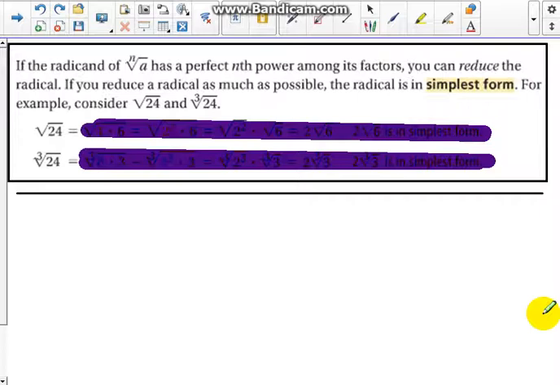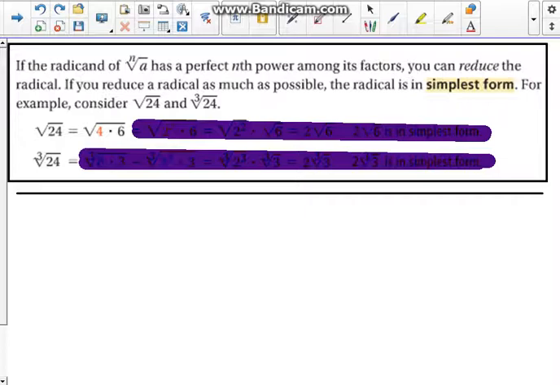So let's look at the first one. The square root of 24 is equal to... the first thing we want to do is write this in terms of something that we can square in the factors. We know 4 is a perfect square, and it's a factor of 24, so we'll use it. Our index is 2, so we want to make things powers of 2 so we can clear them.